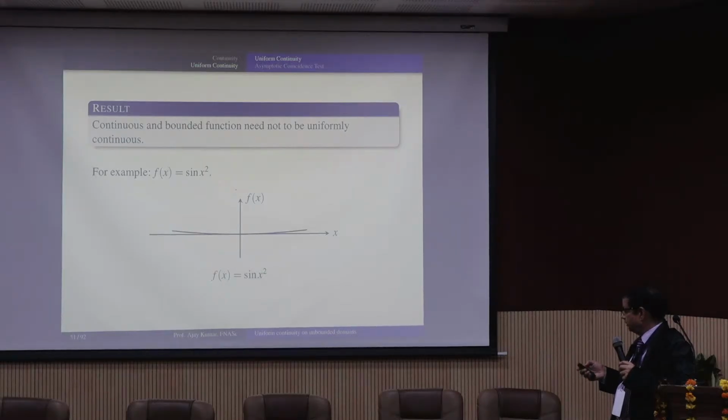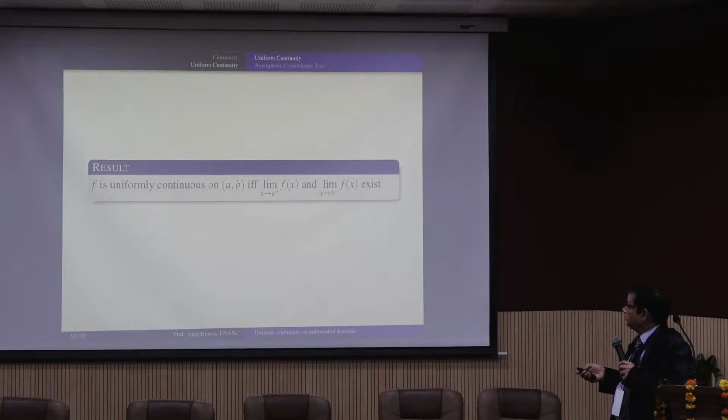Say sine of 1 by x square. Sine of 1 by x square is a bounded continuous function, but it is not uniformly continuous. On the open interval, it is a simple job: f is uniformly continuous on the open interval if and only if both the limits exist.